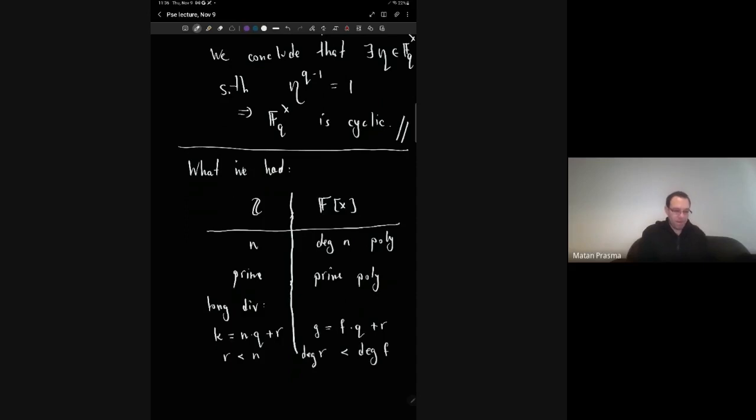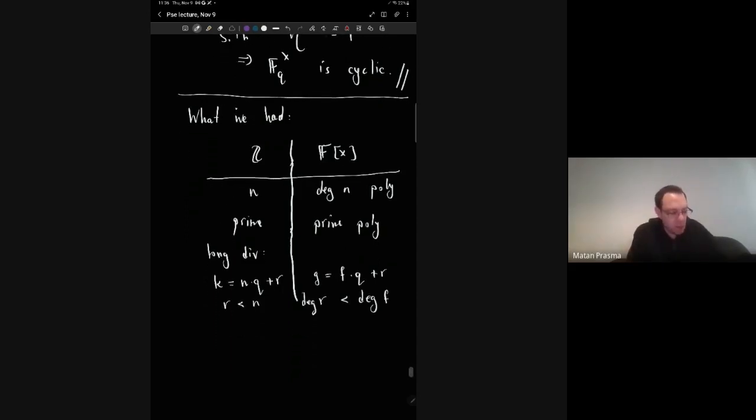And using this long division, we proved that there is a GCD. Here you have a GCD of k and n.